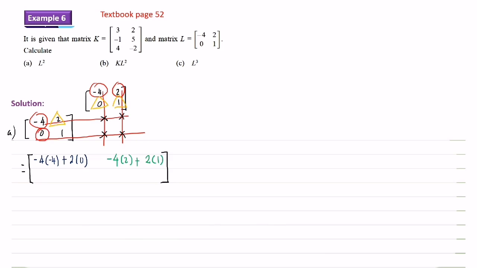So 0 times negative 4 plus 1 times 0. Second row, second column: 0 times 2 plus 1 times 1. We will obtain 16, negative 6, 0, and 1.